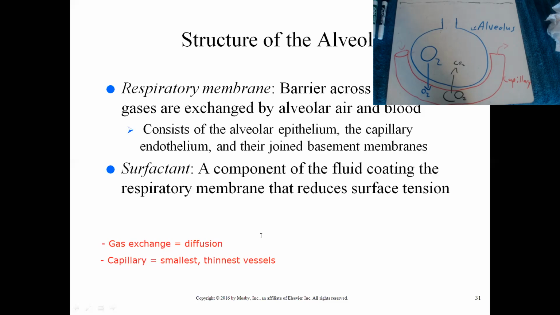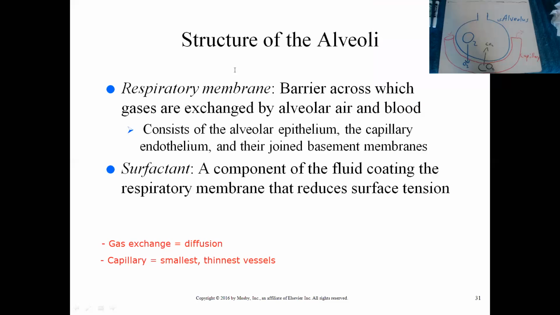Now, for this gas exchange, there's a couple problems that have to be overcome. First off, there is the respiratory membrane. These are the barriers the gases have to pass for the exchange.